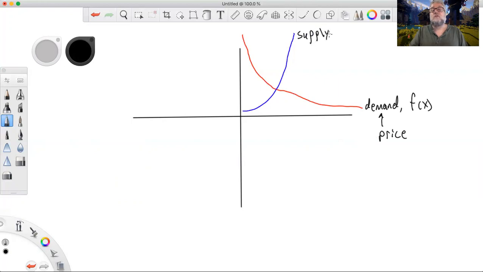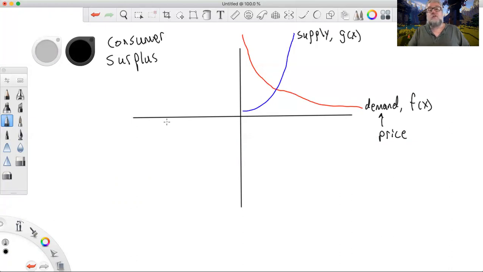And this is g of x. Okay. And so for the first case, we're going to do consumer surplus with only one S this time.